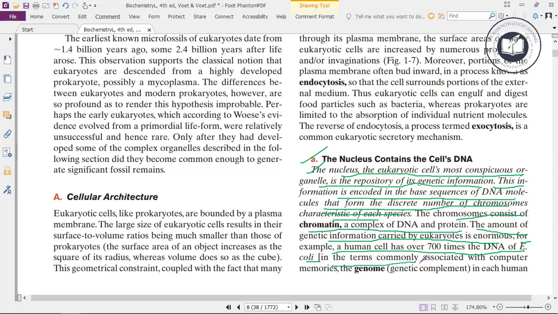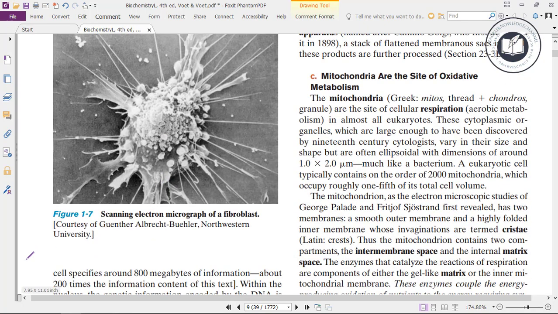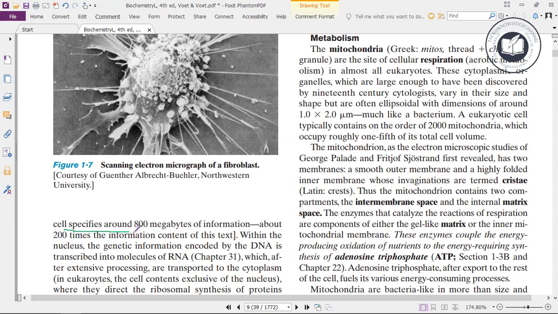Okay, in the terms commonly associated with computer memories, the genome, the genetic complement in each human cell, specifies around 800 megabytes of information, about 200 times the information content of this text.